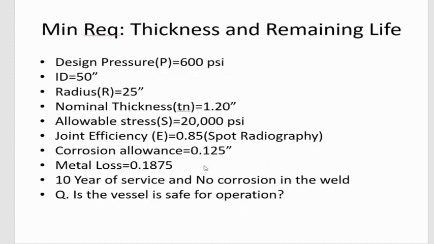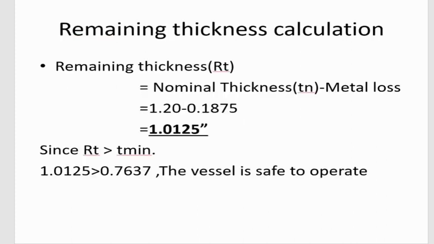Our nominal thickness, which is given in the question, is 1.20 inches minus the metal loss of 0.1875 inches, so we will get 1.0125 inches. Since our remaining thickness is greater than the minimum thickness required to resist the hoop stress, that is t minimum, our vessel is safe to operate.